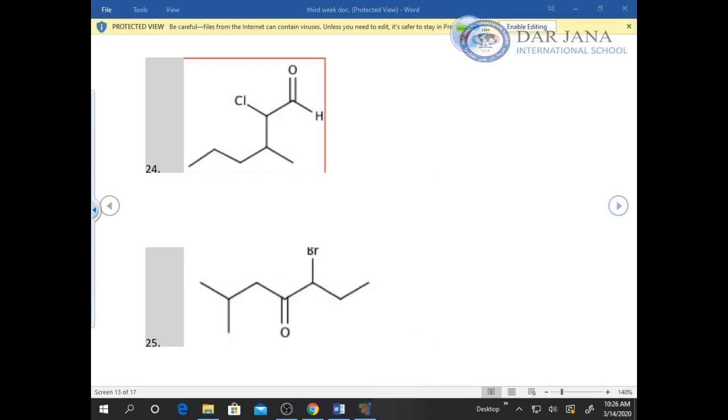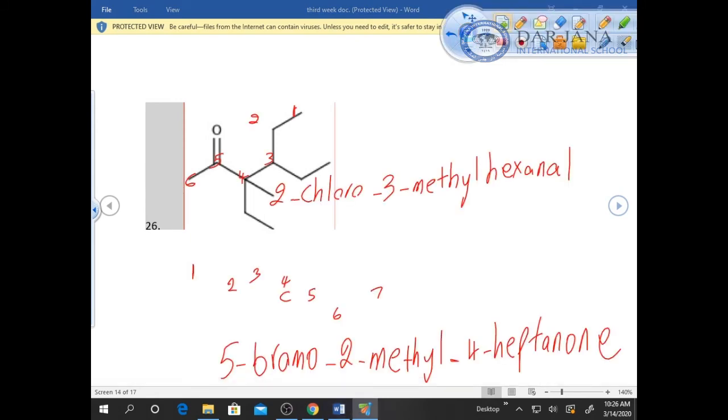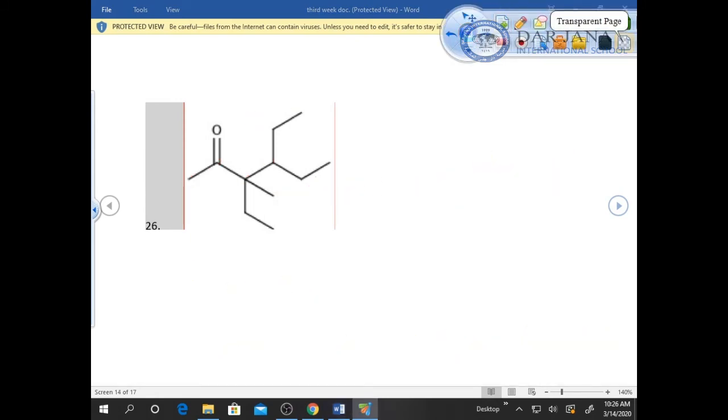Moving to question number 26. Here we have a ketone molecule. I will start numbering from this carbon 1, 2, 3, 4, 5 and 6.